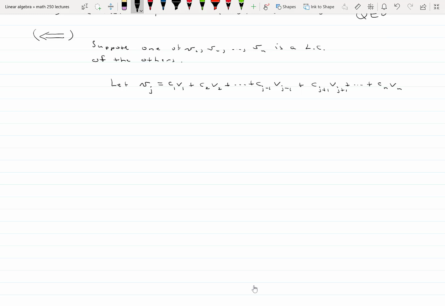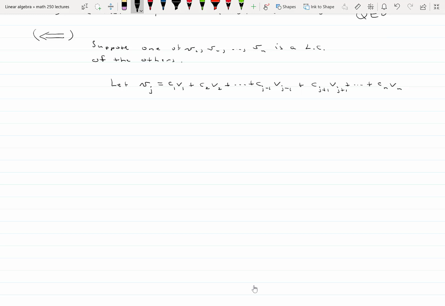So we're assuming that one vector is a linear combination of the others. In particular, it's the v sub j one. We don't know where j is. It's just somewhere between 1 and n. And now we want to show that there exist constants that are not all zero, such that that original equation holds true. Well, if v sub j, that vector, equals the vector on the right-hand side, then you should be able to take the vector on the right-hand side and add the opposite of v sub j and get 0.